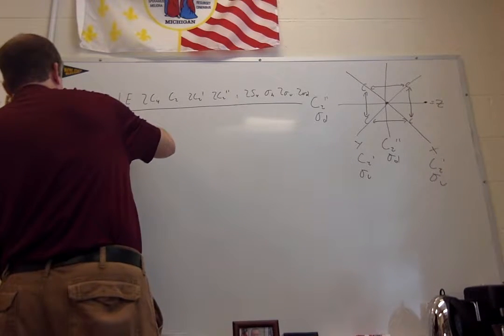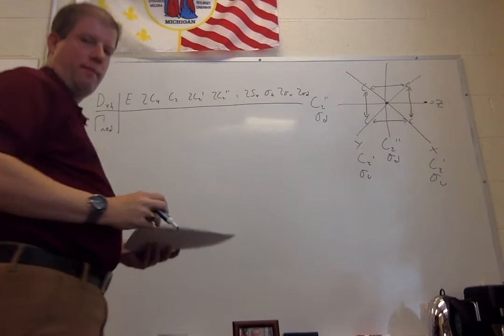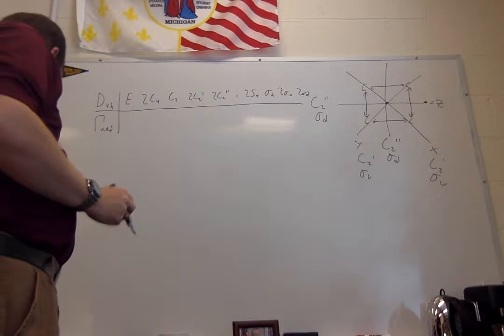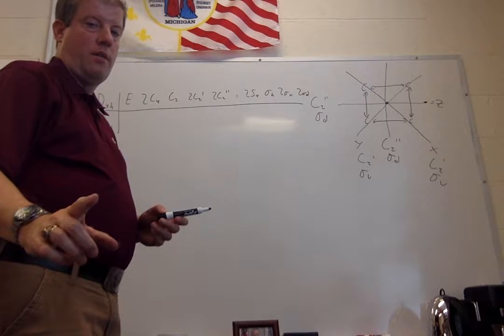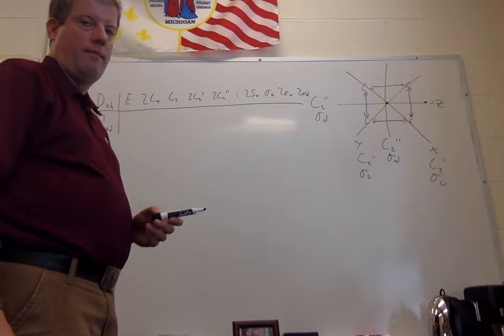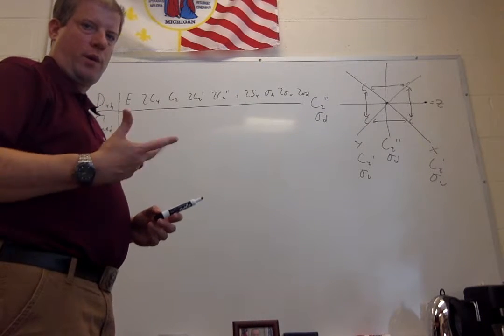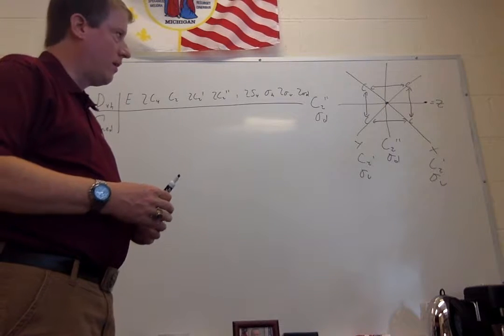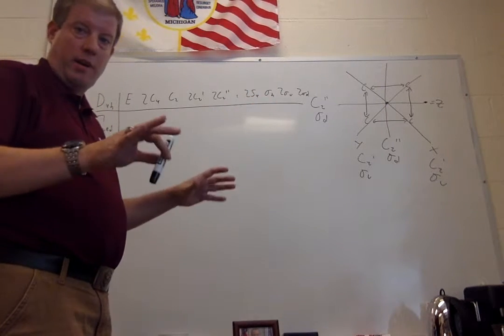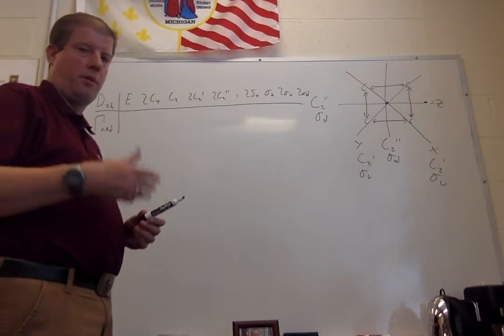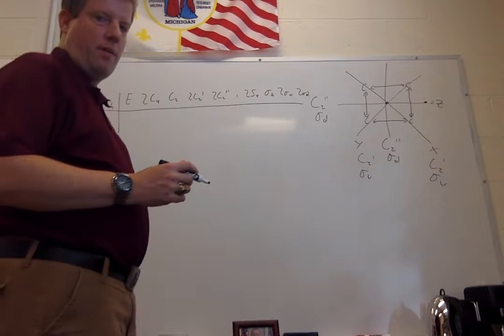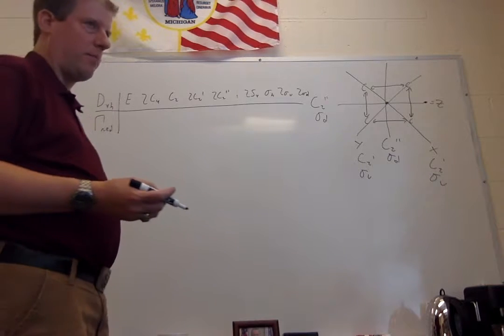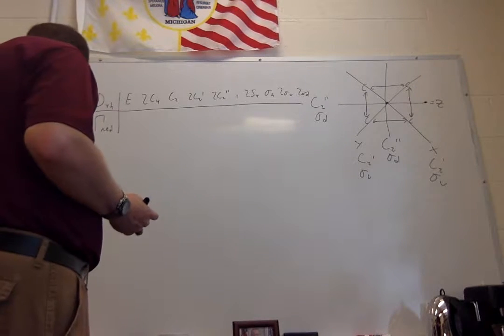Let's generate our gamma reducible. In this, we're considering the number of unmoved vectors. And so this is a little more rigorous than what we did before. So my double-headed arrows there, do those move, do those not move? That's the question. And so you'd be glad about that instead of it being unmoved atoms.